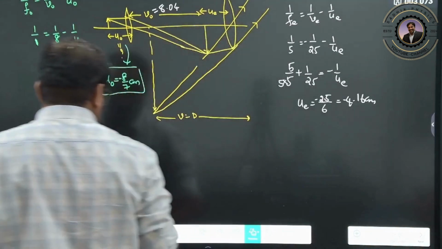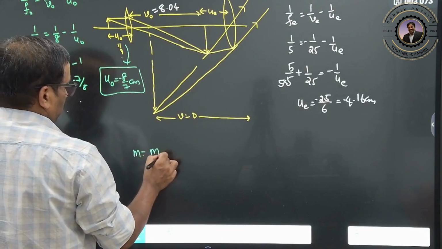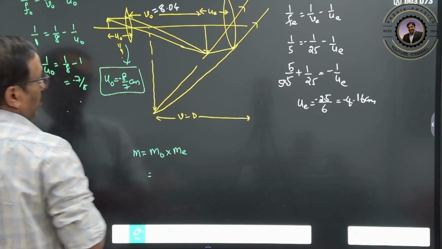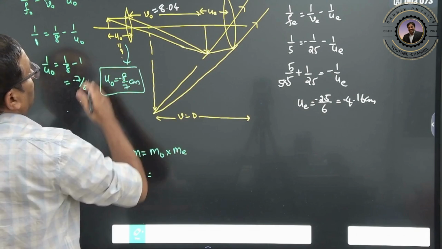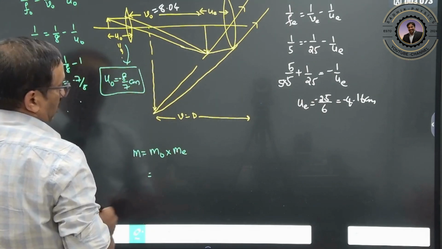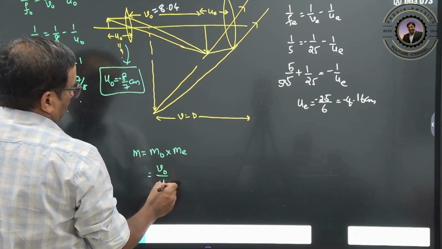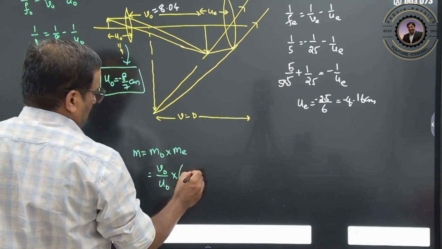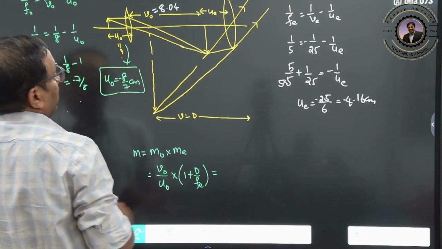Angular magnification, M is equal to M0 into Me. So M0 is V0 by U0 into 1 plus D by Fe. So V0 is how much now?